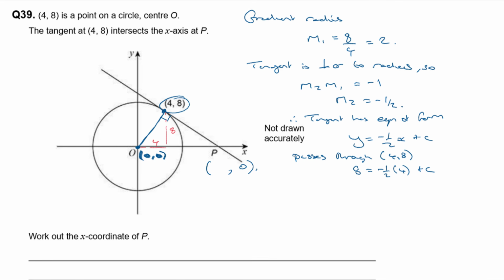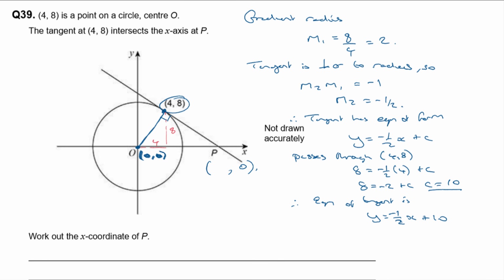So minus a half lots of 4 is minus 2. So 8 equals minus 2 plus c, and that makes c equal to 10 then, doesn't it? Okay, and therefore equation of tangent is y is equal to minus a half x plus 10.